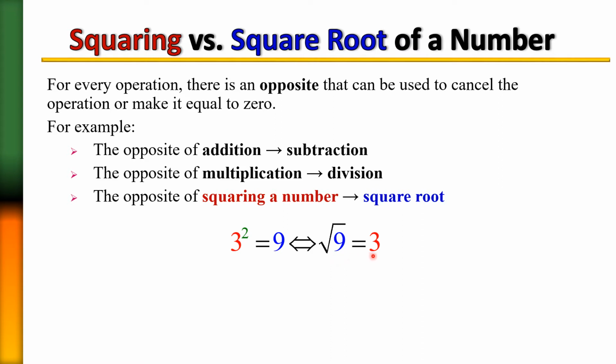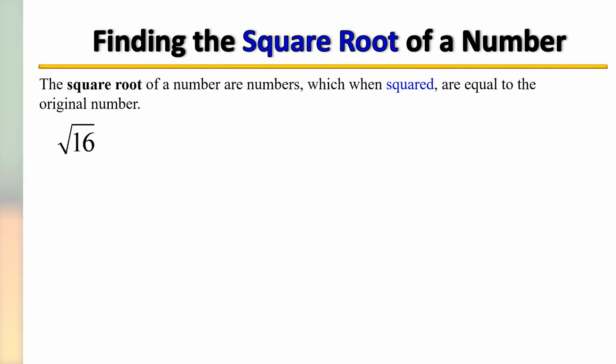Well, that number is 3. 3 is the only number that when you square it will equal 9. So they are reverses of each other. When you're dealing with square root, just think of it as some number squared. So again, the square roots of a number are numbers which, when squared, are equal to the original number.